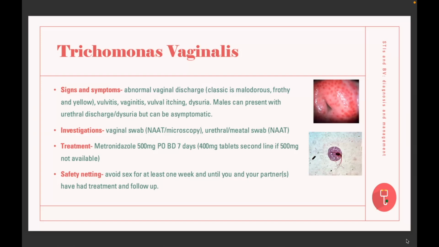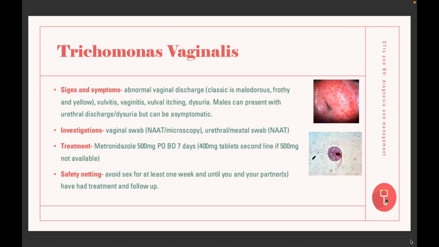Investigations wise, it'll be a vaginal swab, so either a NAT or microscopy, and a urethral or meatal swab for a NAT. And if you look at the bottom picture, what that shows is a trich, is what I've heard them called as a sign. Basically, this is what causes trichomonas vaginalis.